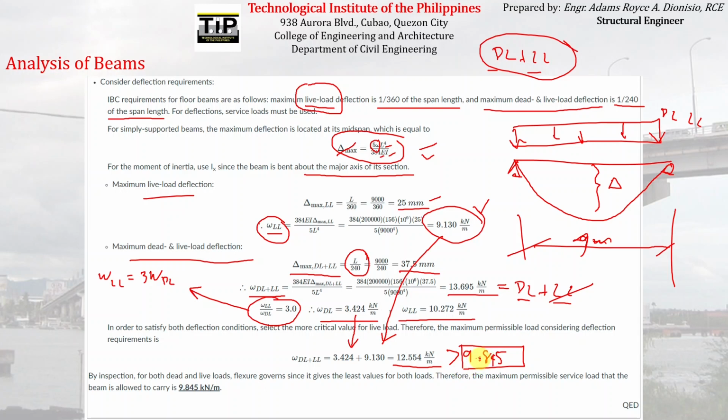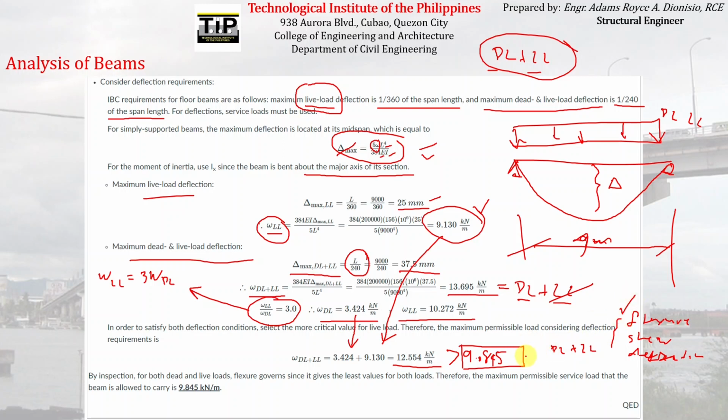Okay, because it is the magnitude of the dead load plus live load, which is the lowest between the three checking from flexure, from shear, and from deflection. Okay, so therefore, among the three, the most critical is the failure with respect to flexure.